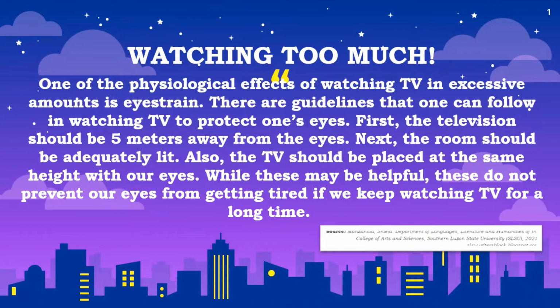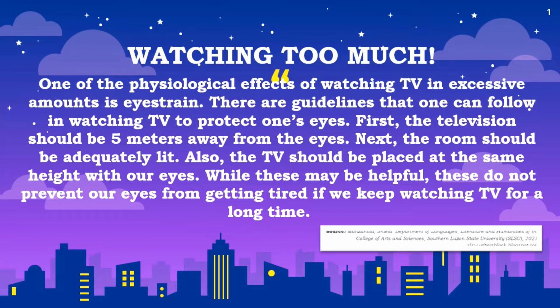Watching too much. One of the physiological effects of watching TV in excessive amounts is eye strain. There are guidelines that one can follow in watching TV to protect one's eyes. First, the television should be 5 meters away from the eyes.